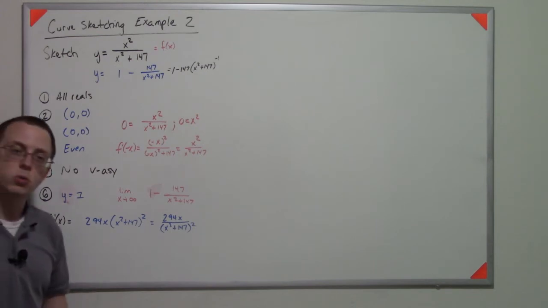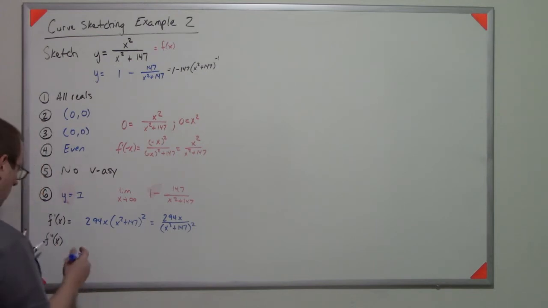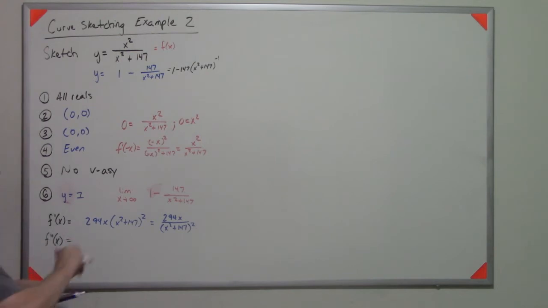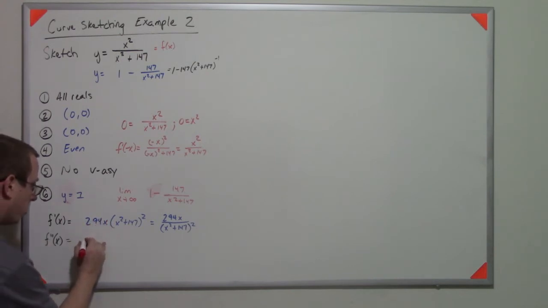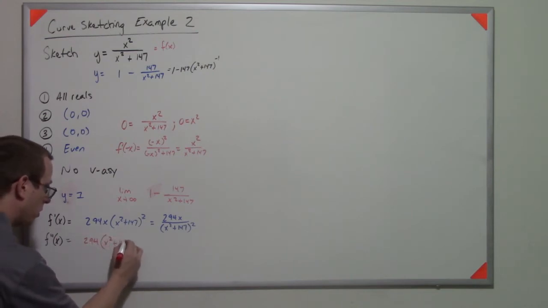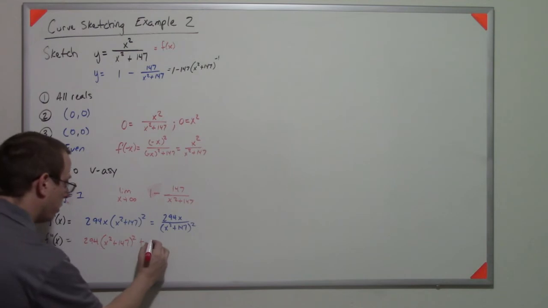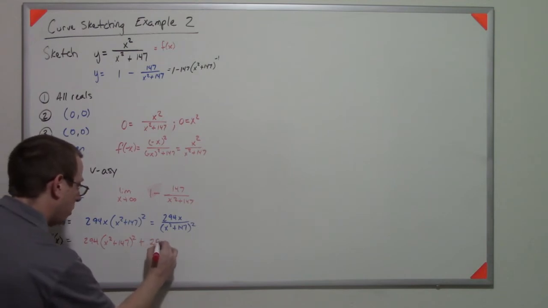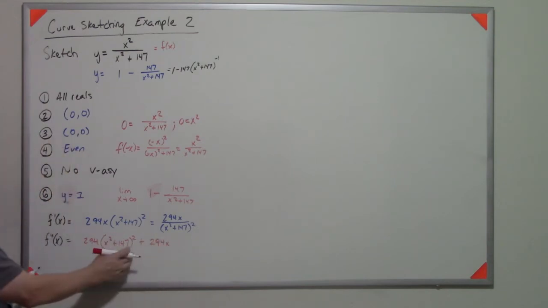So when I do a product rule here, I'm going to get the derivative of the first one, hold the second one constant, plus the first one constant, take the derivative of the second one.